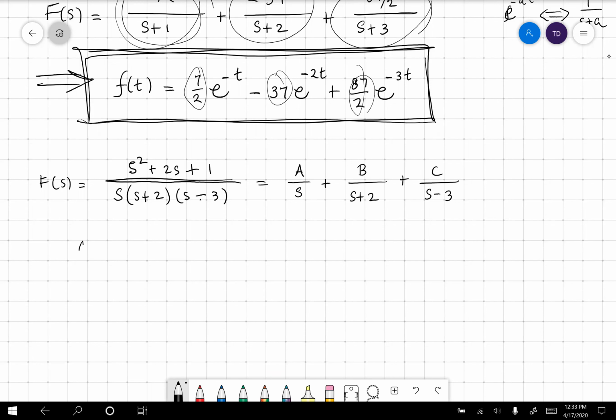What's the inverse of 1 over s? E. Not e. It's u of t. That is correct. U of t. What's the inverse of this one? There's the 1/10. What's the rest of it? So think of the 1/10 as being out front here, and now I have 1 over s plus 2.